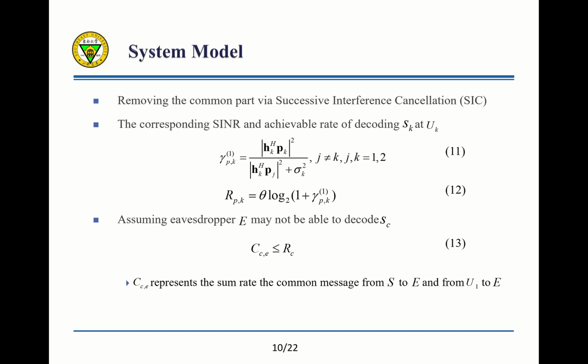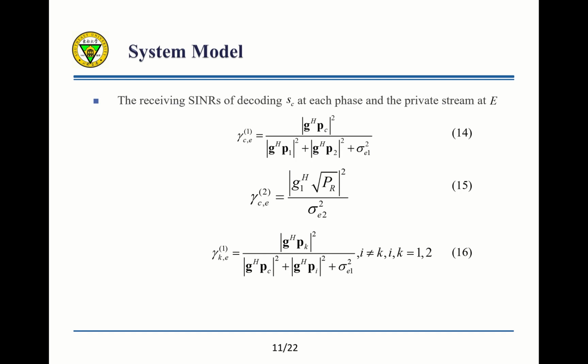Hence, the common message can be treated as artificial noise at the eavesdropper. To meet this requirement, condition 13 should be satisfied.